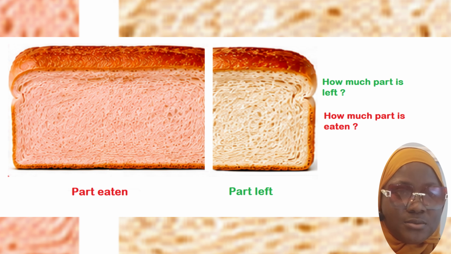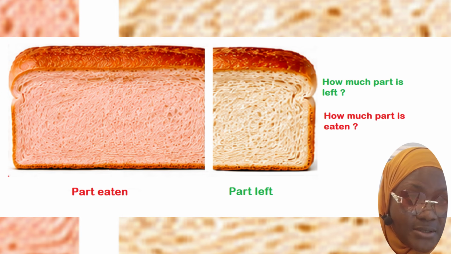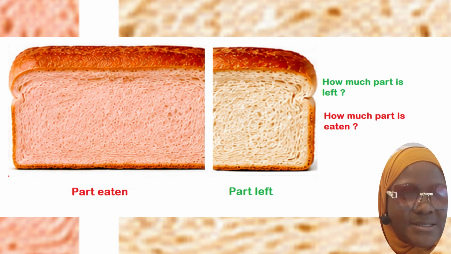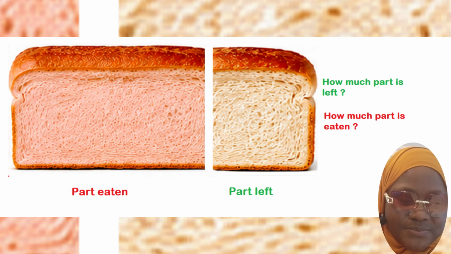Some people can say I have part of the bread, which means I ate a fraction of the bread, or what I ate is exactly half of the bread. No, it's not exactly half of the bread. So, how much part of the bread is eaten and how much part is left?